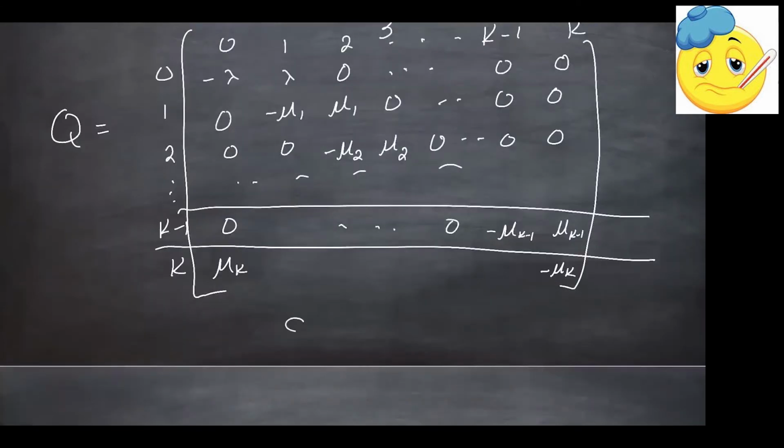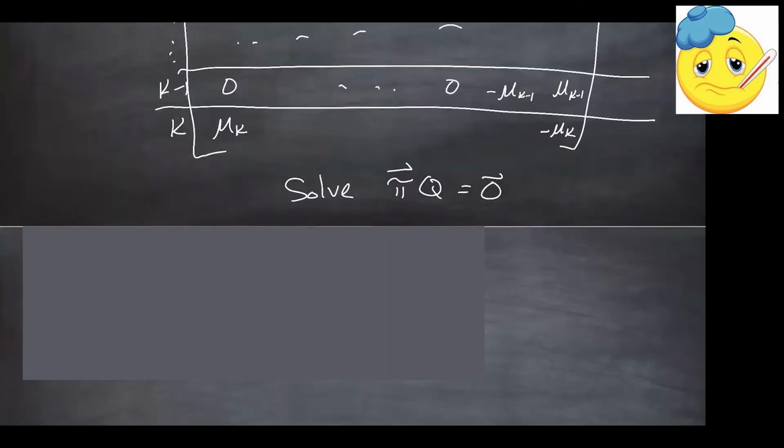So I would just solve pi times q equals 0. And then the answer to part A, the proportion of time the machine is undergoing a phase i repair, is pi sub i. And the answer to part B, the proportion of time the machine is working, means we're in state 0, so pi sub 0.